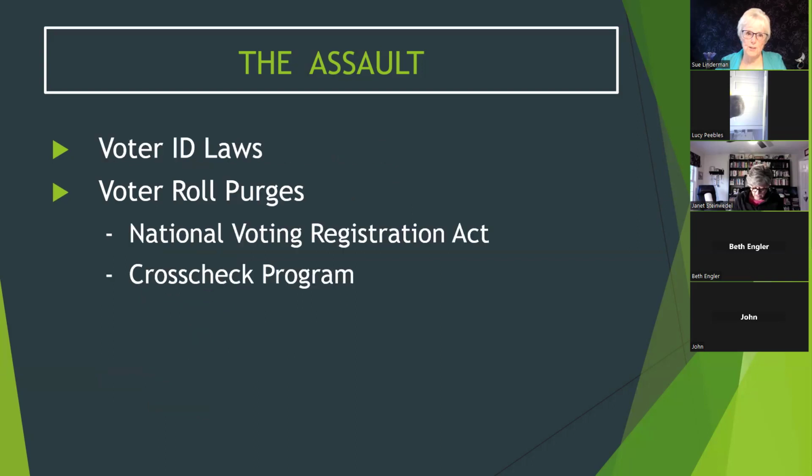Other laws that were passed included voter roll purges, where the election board simply went through and purged hundreds of thousands or millions of voters from the rolls, often because they didn't vote in the last election. There is something called the National Voter Registration Act that says that failure to vote in a prior election is not cause for being removed from the voter registration rolls.